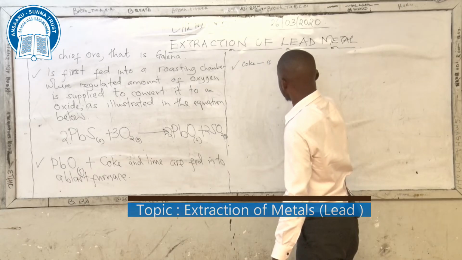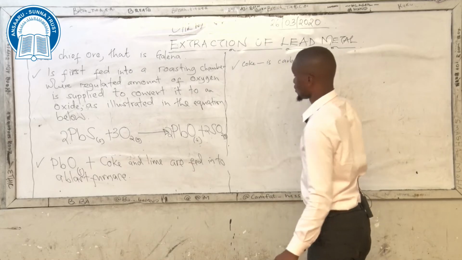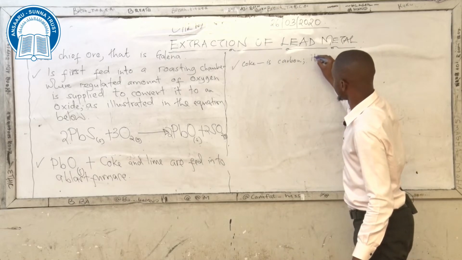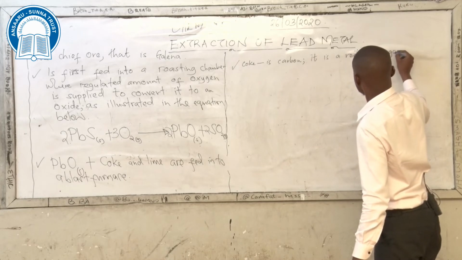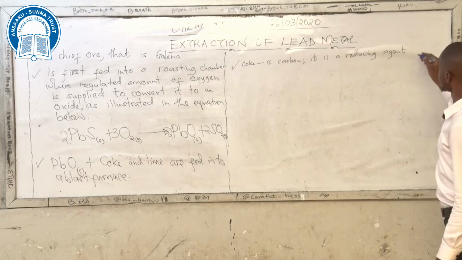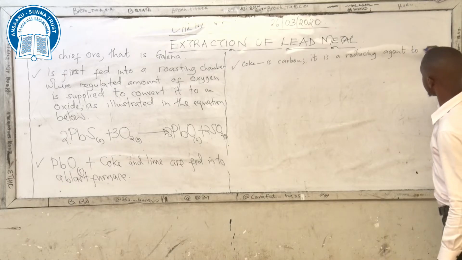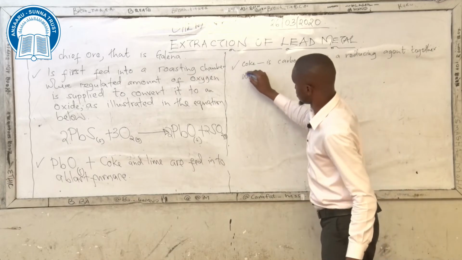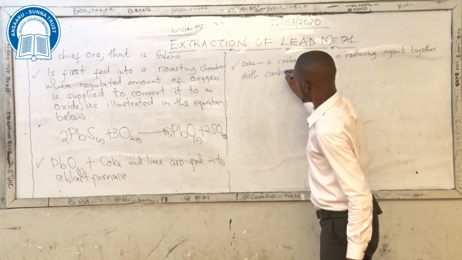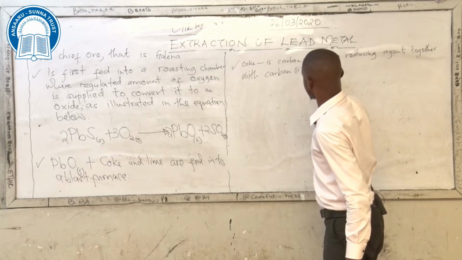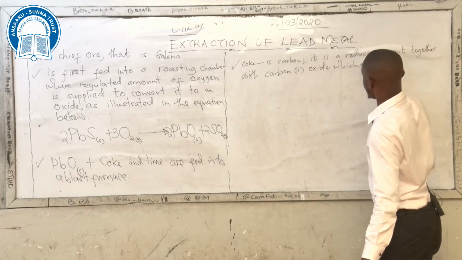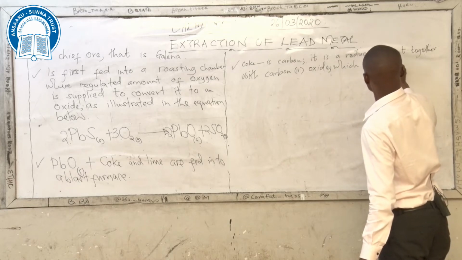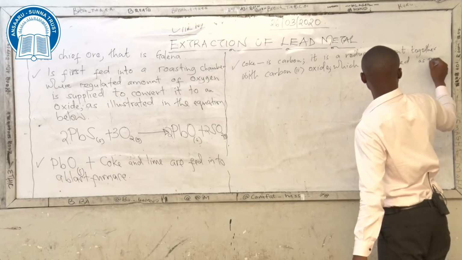Coke is carbon, and in the furnace it is a reducing agent, together with carbon(II) oxide, which is formed as per the equation below.